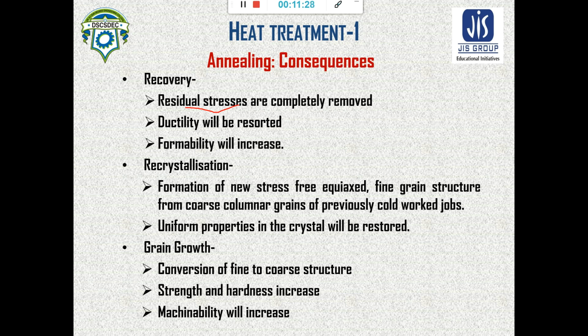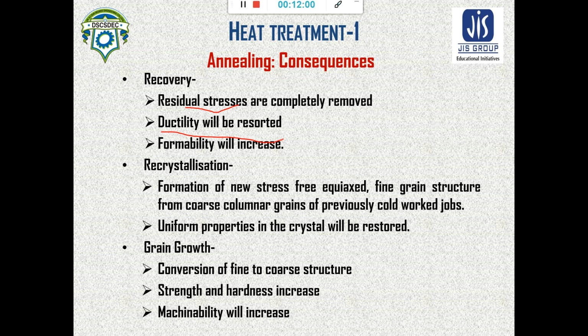Those residual stresses can be removed using this process. Next, ductility will be restored. What is ductility? By cold rolling or cold forming, the material becomes hard, meaning the ductility will not be there, but by the annealing process, ductility can be restored.